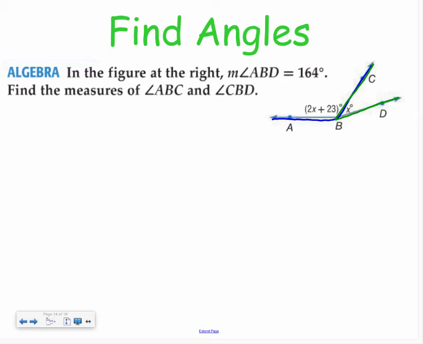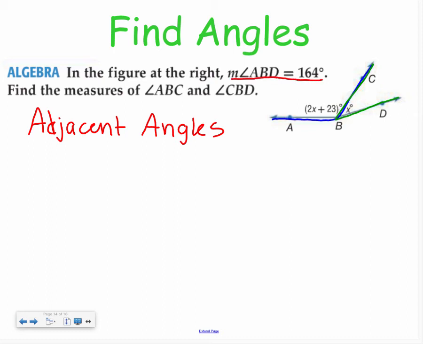Those two are going to be adjacent angles. They are touching but not overlapping. It's not one of our special cases. It doesn't tell us that it adds up to 180. It doesn't tell us that it adds up to 90. It actually tells us that the whole angle, ABD, adds up to 164.